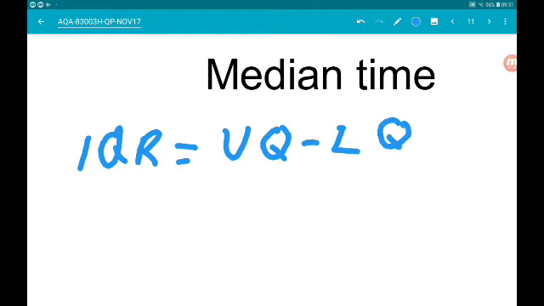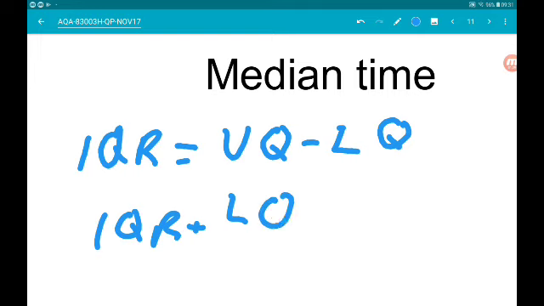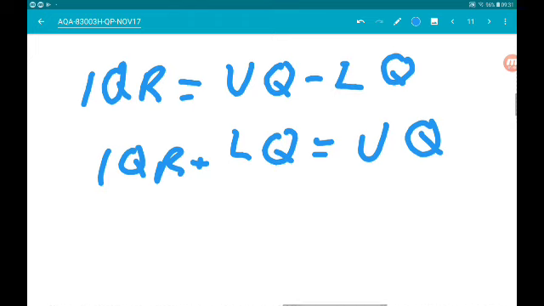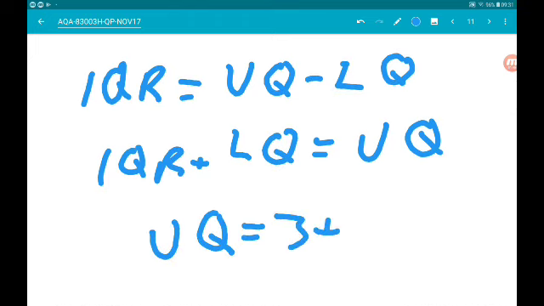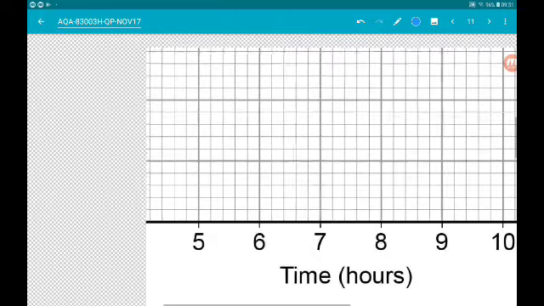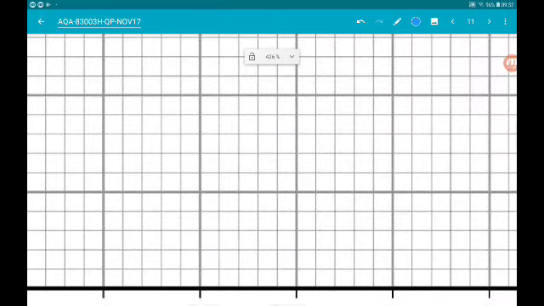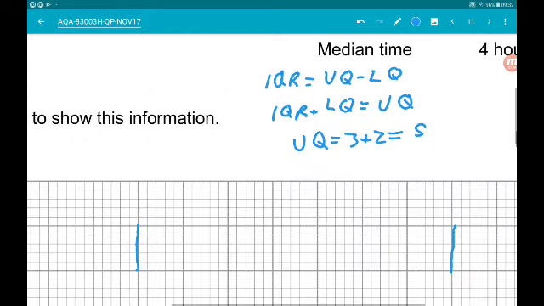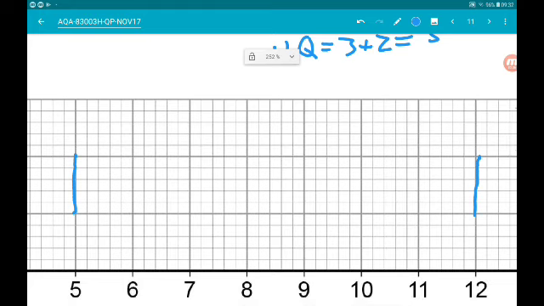So we can add lower quartile to the interquartile range and get the upper quartile. So the upper quartile is 3 and 2 is 5. Cool. So there's our upper quartile, and then we know that we can draw our whisker.